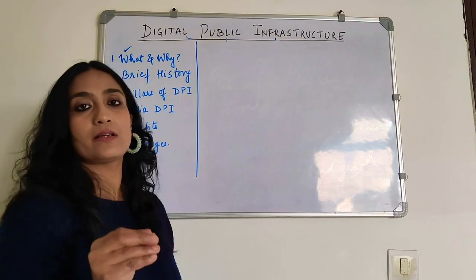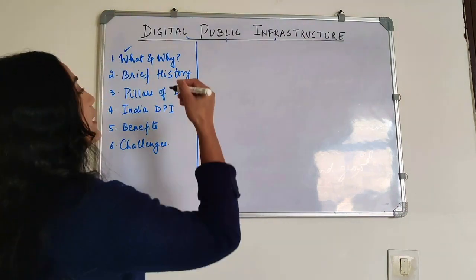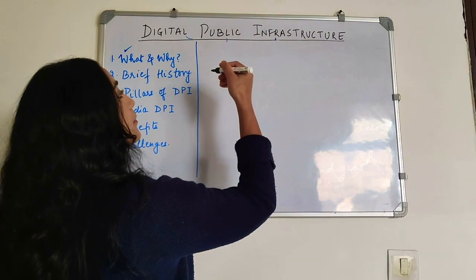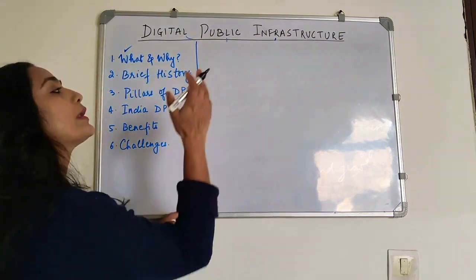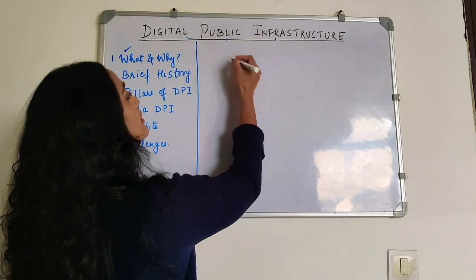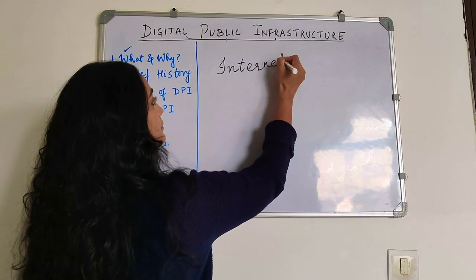The first digital public infrastructure, the first major public good that you can call in this realm, is the internet.